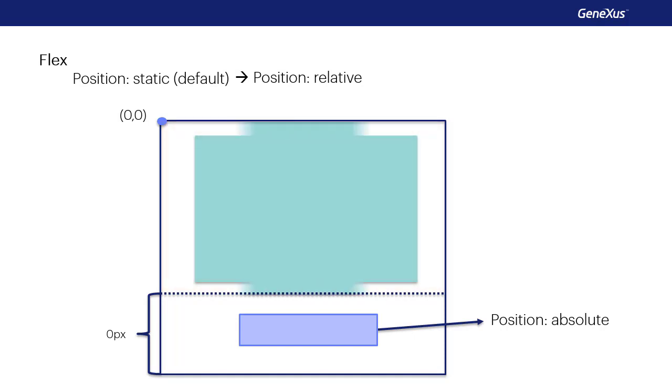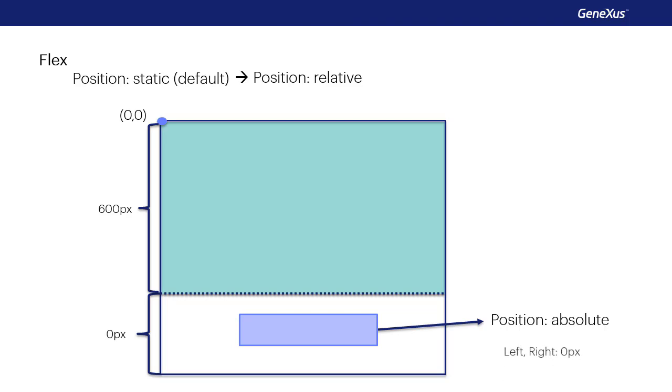Cell 1 and the image match exactly in the space that we had assigned a height of 600 pixels to the image, and the width is the same as the screen. Therefore, when we define our control left and right as 0 pixels, we're making it expand until it occupies the whole table width.